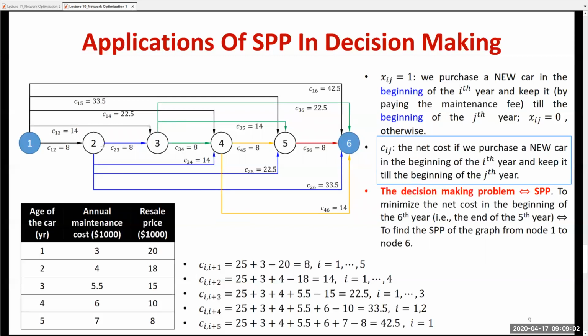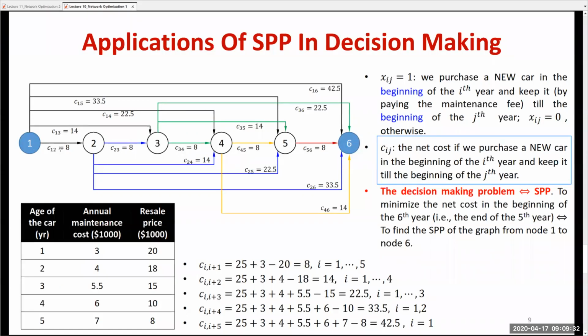So for example, C23 means I will purchase a new car in the beginning of the 2nd year and sell it in the beginning of the 3rd year, which means I just keep it for 1 year. And C26 means I'm going to purchase a new car at the beginning of the 2nd year and sell it at the beginning of the 6th year. So this is my cost, or you can say my loss.